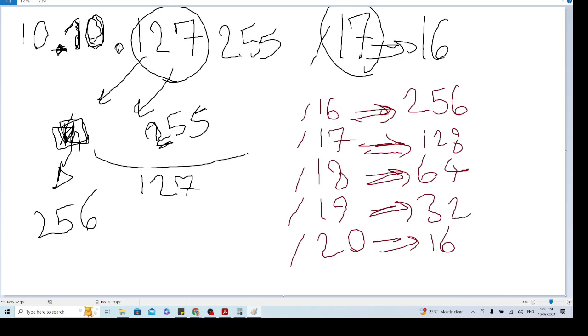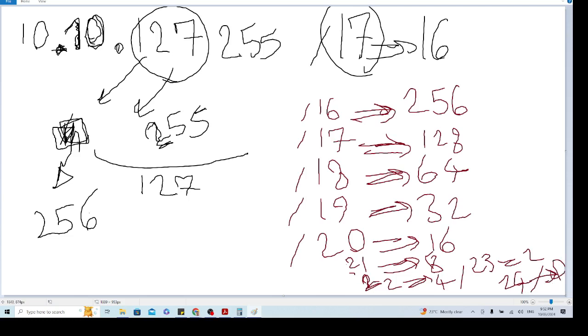At the end, since it is important, let me have it like this: 21 to 8, 22 to 4, 23 to 2, and 24 to 0. Once I say 0, it is coming back to 256.